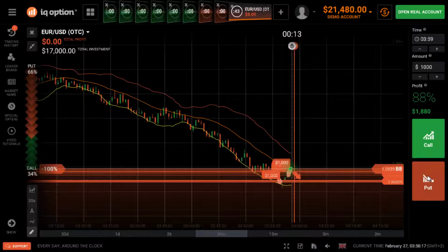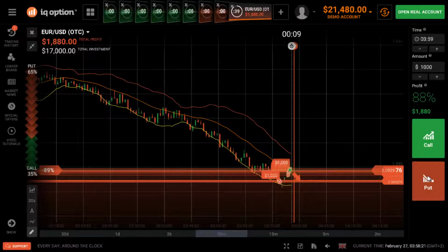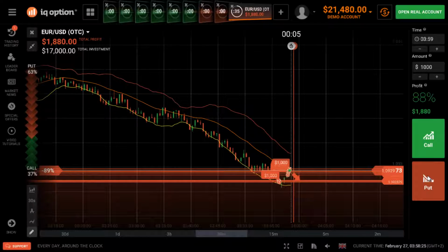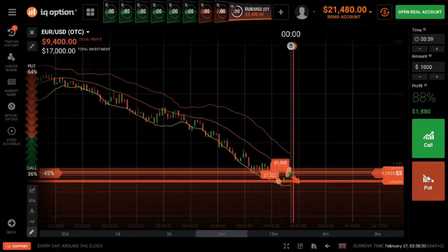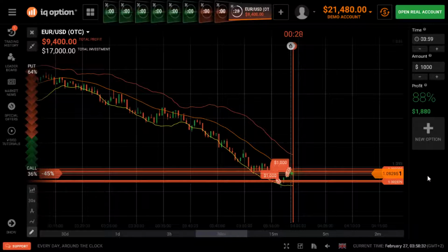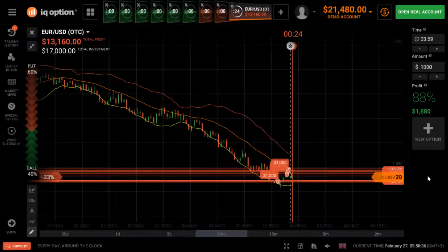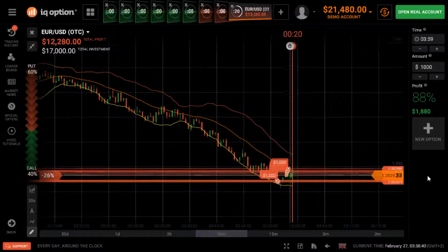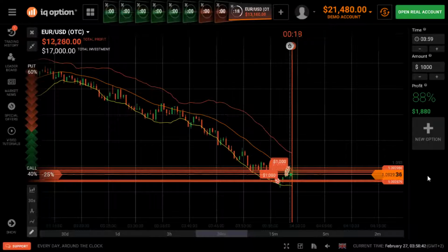So here are two trading blocks, the upper part and the lower part. In the upper part I'm trading 7,000 and in the lower part I'm trading 10,000. If this 7,000 part wins, I minimize the loss.